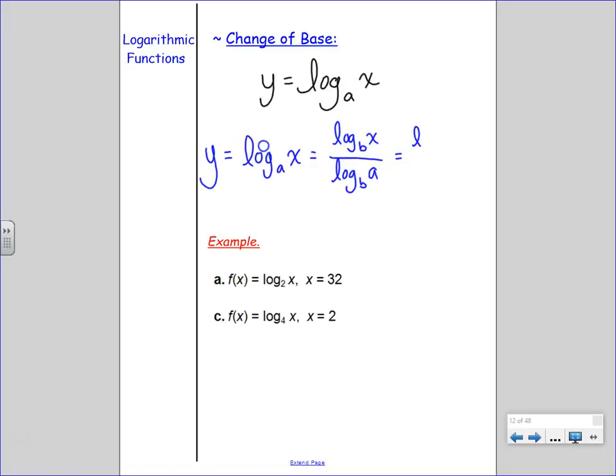One application of this means you could take ln of x over ln of a, and it should equal the exact same thing. So for you guys to test this formula out and see if it actually makes sense, we should also be able to find the answers to these two questions by taking ln of 32 over ln of 2 and taking ln of 2 over ln of 4. What is b though?